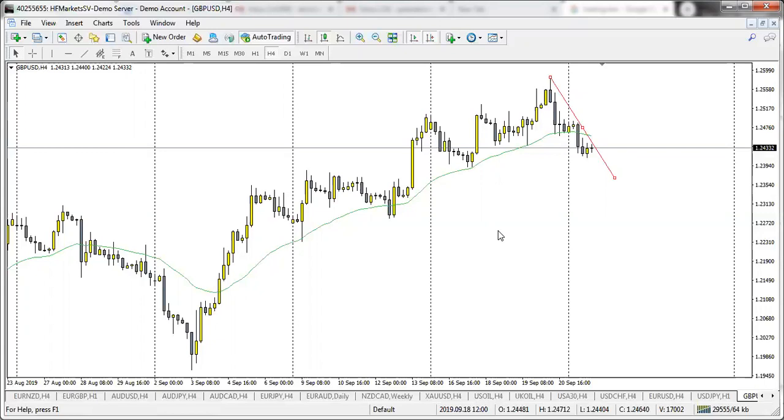Now, I mentioned 5 things that I trade. I started with trend line, support and resistance, patterns, fib levels.